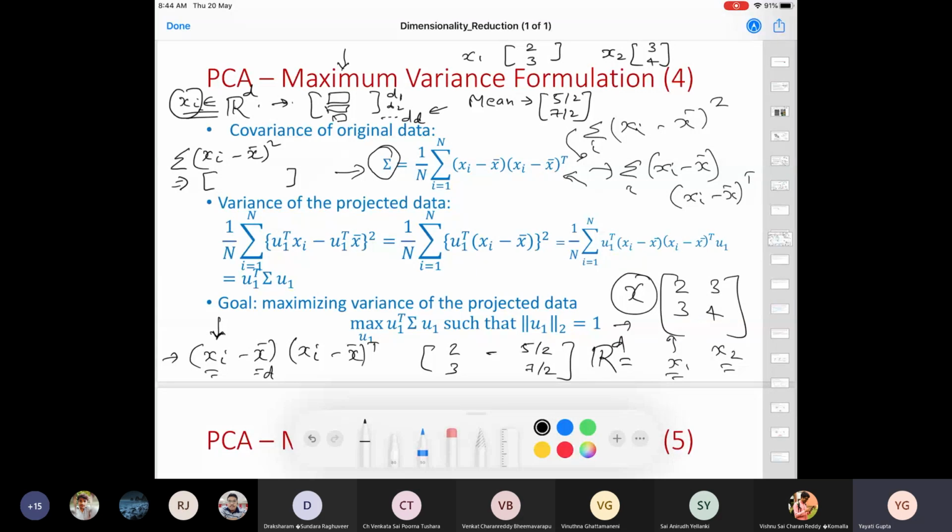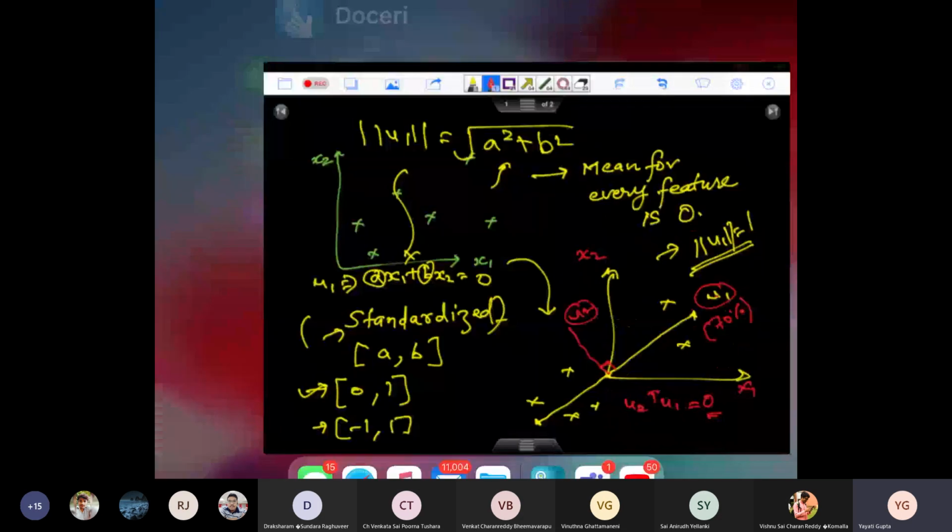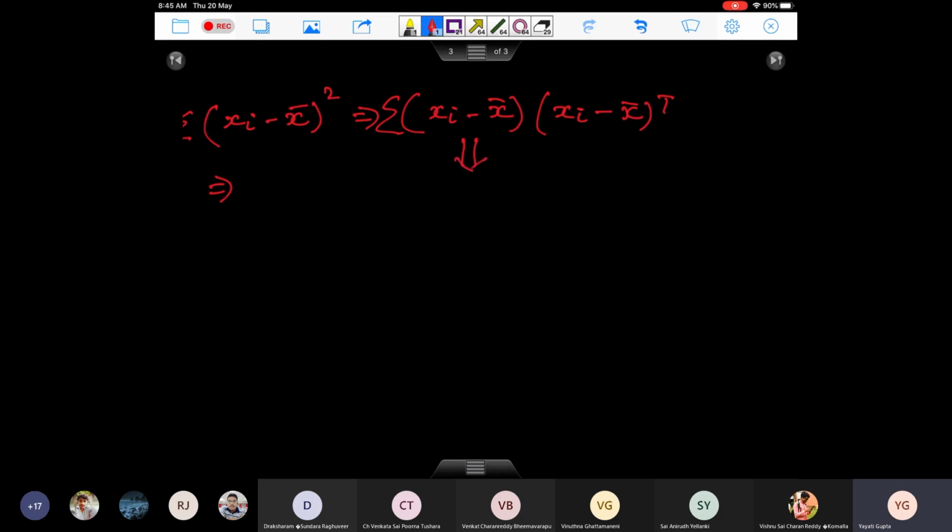If this is not clear to you, let me know. What you're doing is you're trying to subtract the mean. Let me open this, it would be much clearer. So my data points were 2, 3, and 3, 4. Let me represent this first entity here.